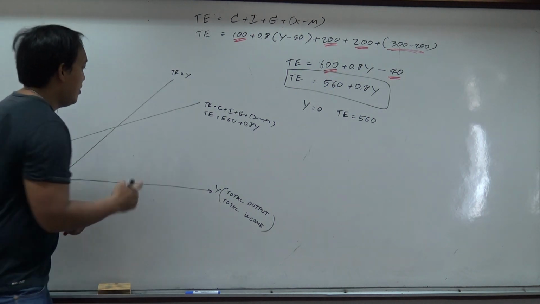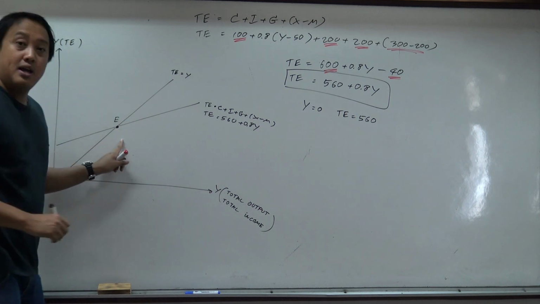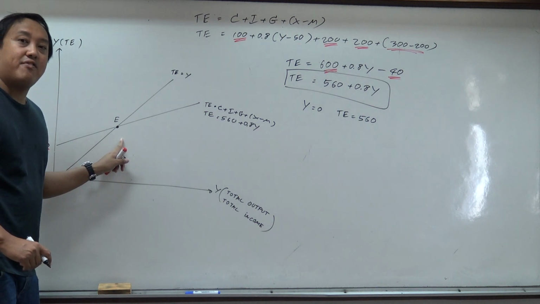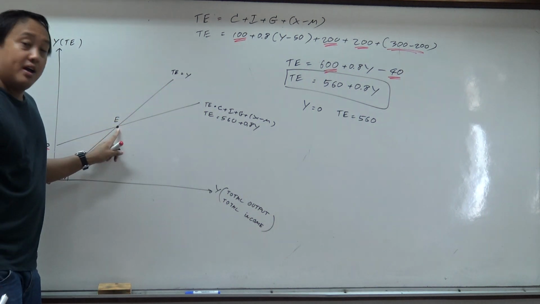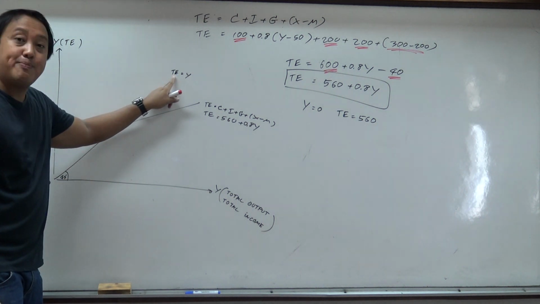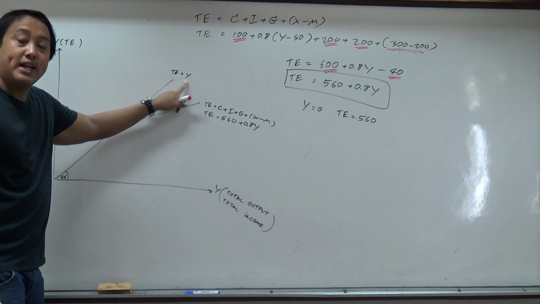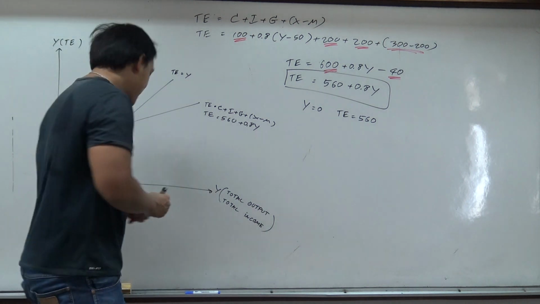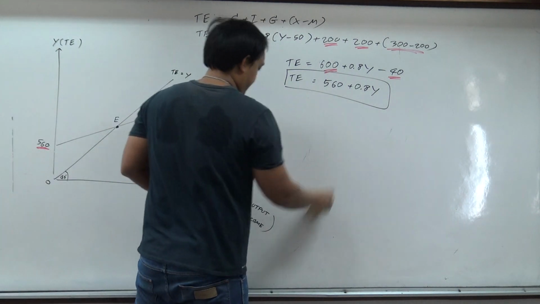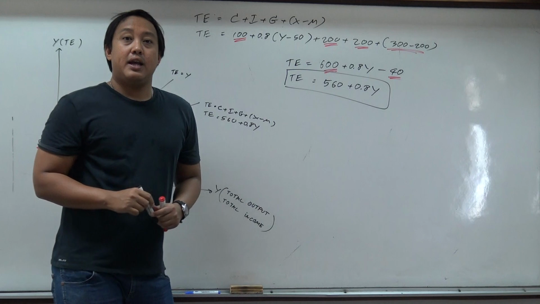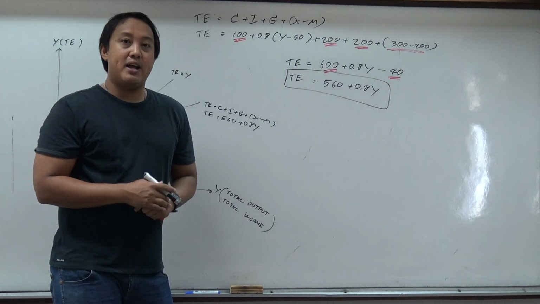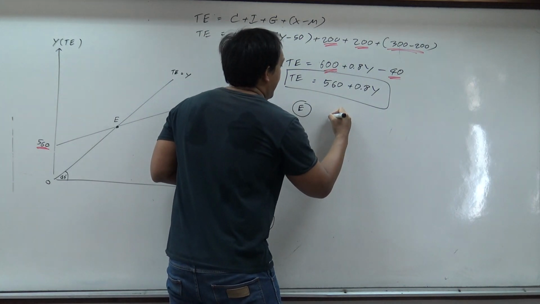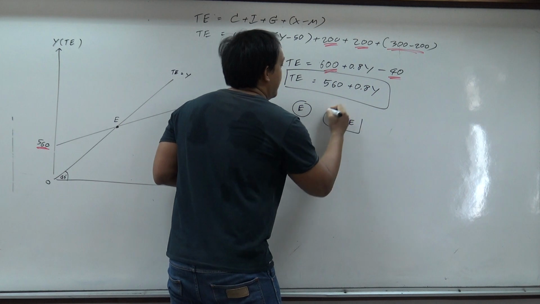So then the next one, I want to find the equilibrium point of the model. As I mentioned before, the equilibrium point is the point where the total expenditure curve intersects with the 45-degree curve. This means that total expenditure is going to be equal to total income, total output, or TE equal to Y. So in order to find the equilibrium point, I'm going to start at the equilibrium point, where y is equal to TE.